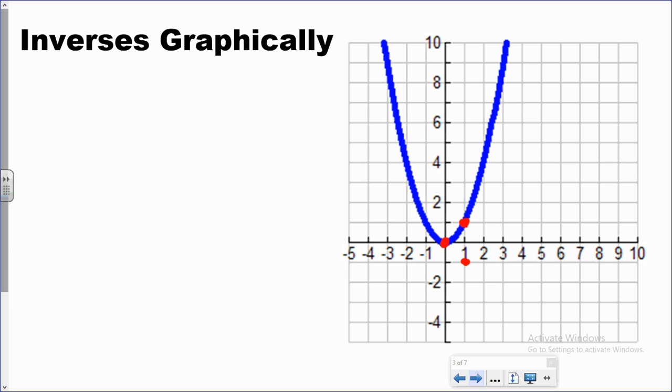Here we have the coordinates 2, 4. So in the inverse, it would be 4, 2. And then the coordinate negative 2, 4 on the inverse would become 4, negative 2. And I think we have enough.